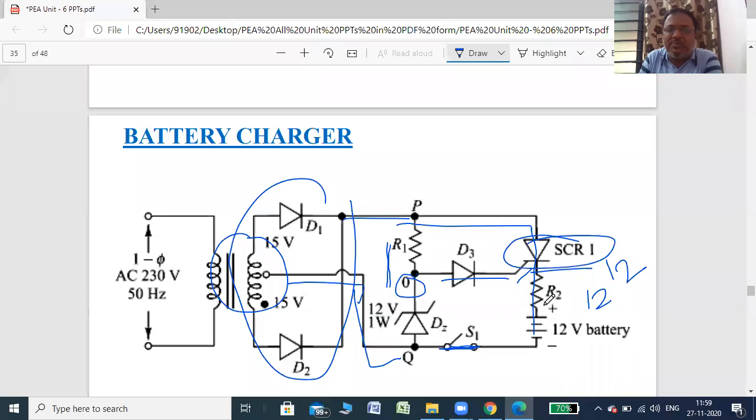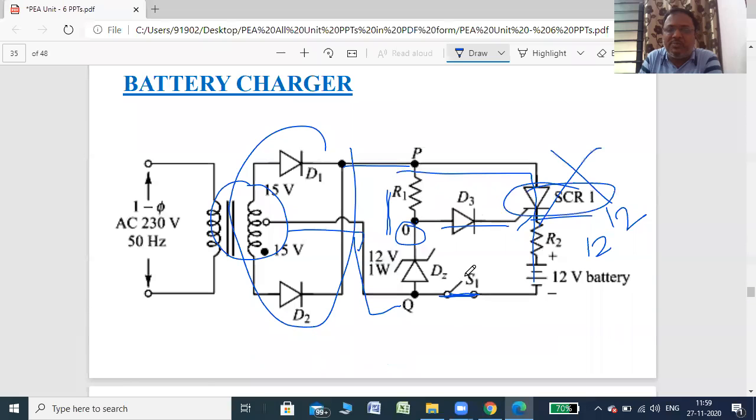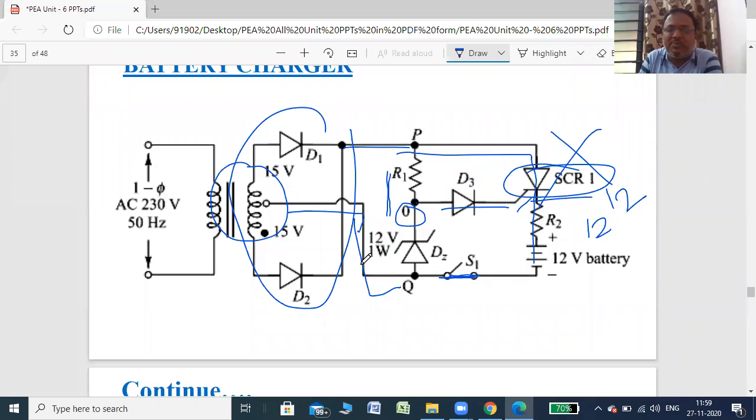So once the battery is fully charged, the circuit automatically turns off, as your switch is still on but the SCR never conducts. So overcharging of the battery is avoided. This is called automatic charging. It is called automatic because once the battery is fully charged, the circuit automatically disconnects the battery. It means your SCR never turns on.